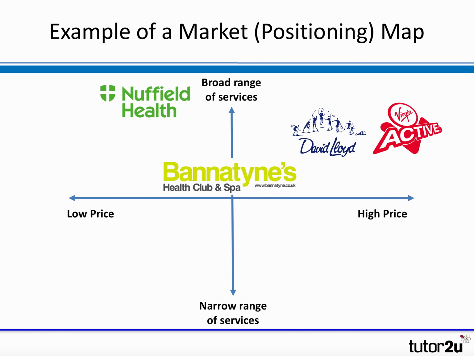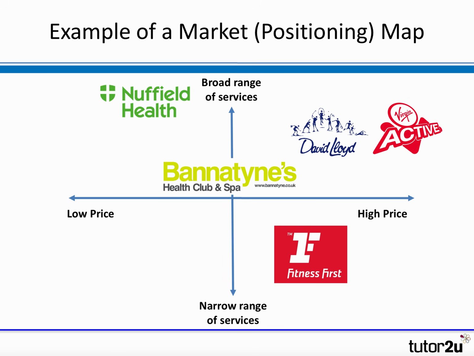But then let's also populate the bottom left-hand quadrant, as well as the bottom right. Now, Fitness First, you might argue, has a relatively uncompetitive position there because it's offering a relatively low range or narrow range of services for a relatively high price. I wonder whether that's sustainable.